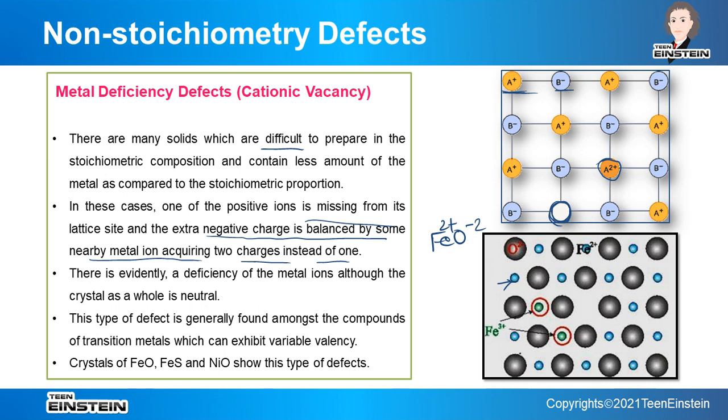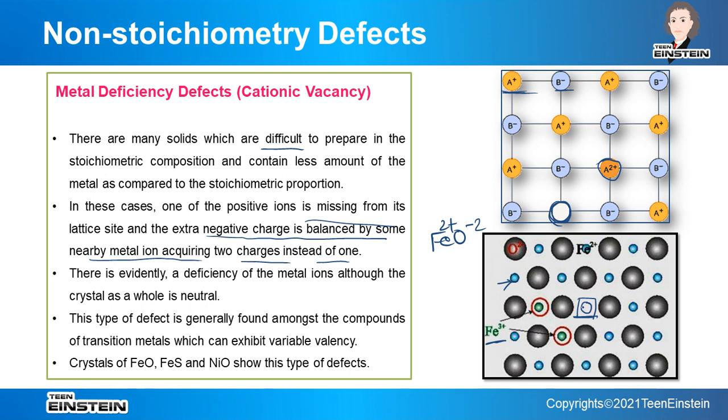So what happens when one Fe2+ is missing from its ideal position? This is missing. Okay. Now another 2 Fe2+ are converted to Fe3+. Because now we have 2 positive charges less, the anionic charge is higher.